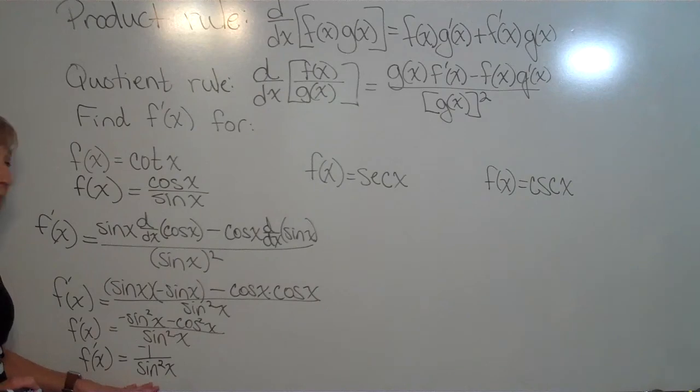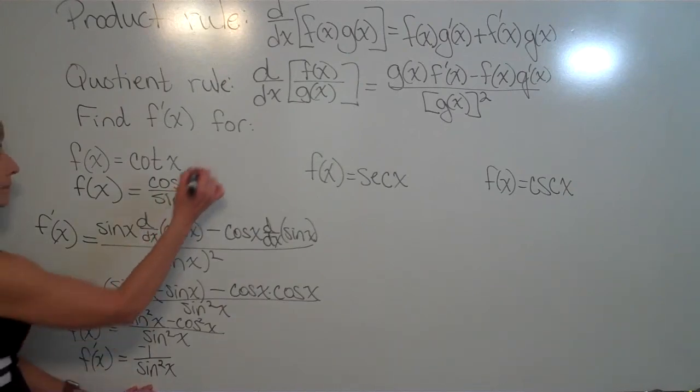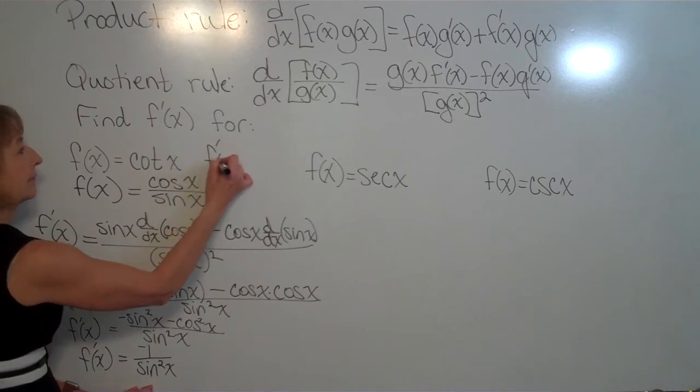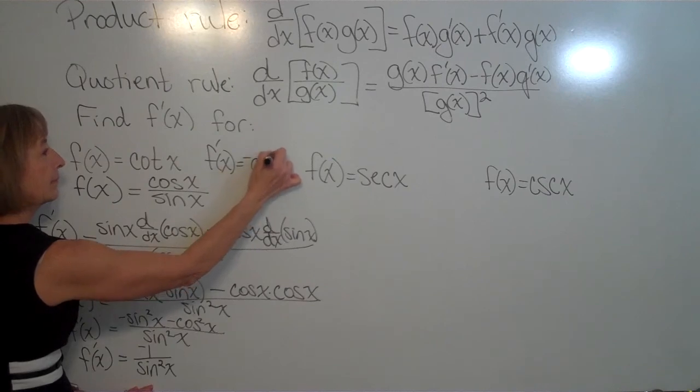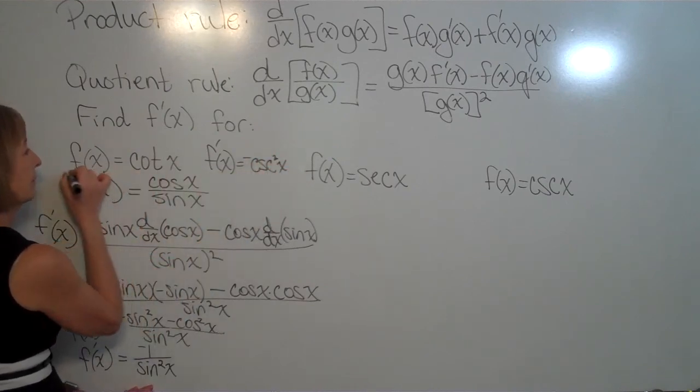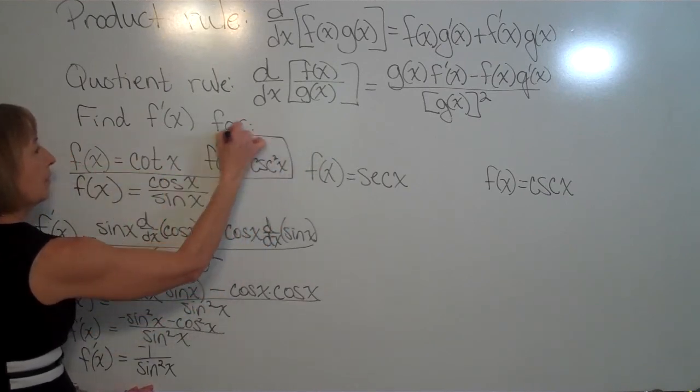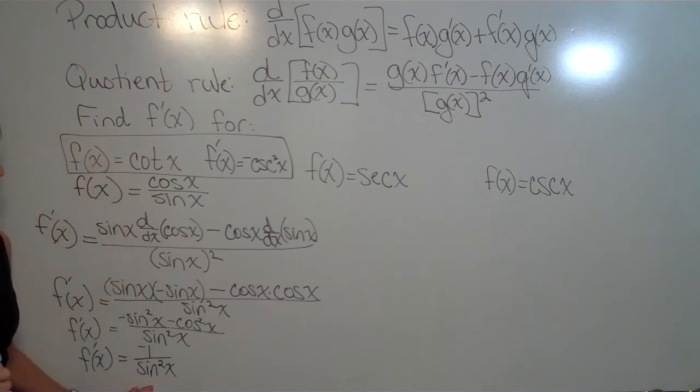And then rewriting that with the reciprocal trig relationship, I get that f prime of x is equal to negative cosecant squared x, for our f of x equal to cotangent of x.